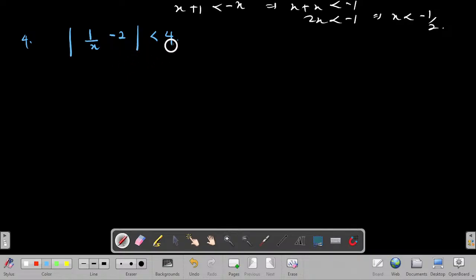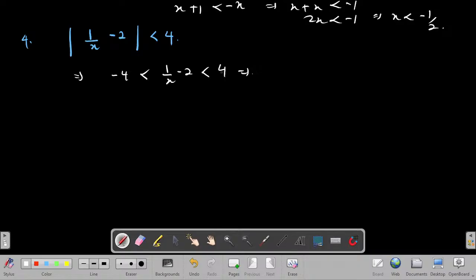It resembles what we've been doing, is that not it? So first of all, as I said, what are you going to do? You first eliminate your absolute sign. You have to make sure that you put the positive and negative of 4. So negative 4 less than the expression 1 over x minus 2 less than 4.